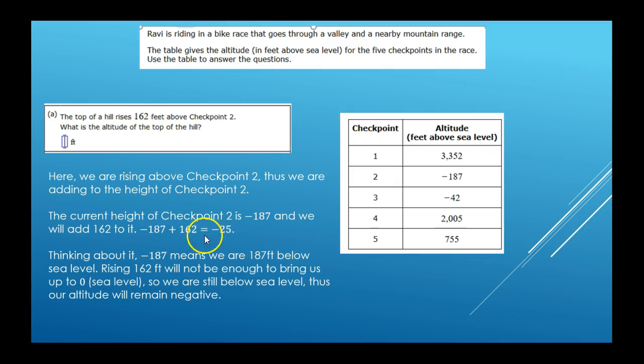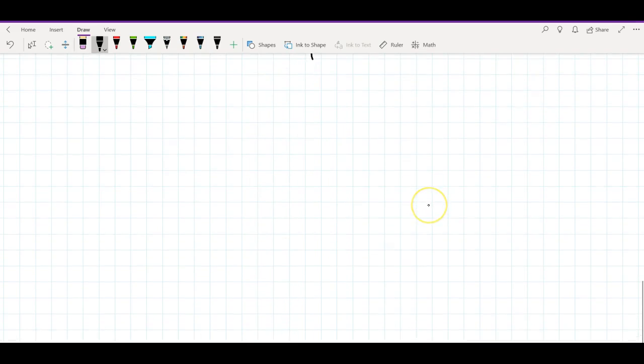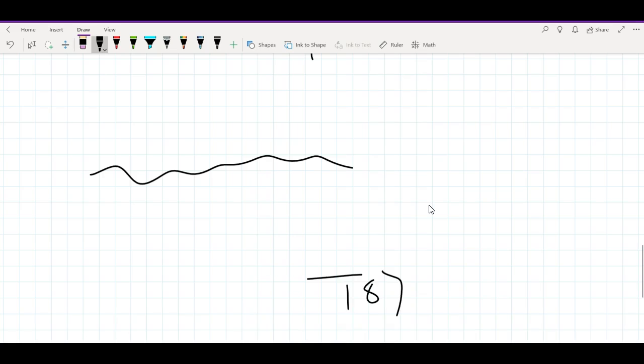The negative 187 plus the 162, adding two numbers with opposite signs, you take the difference between 187 and 162. The difference is 25, and we give it the sign of the 187. So if you think about it, let's say this is sea level, and we're at 187 feet below sea level.